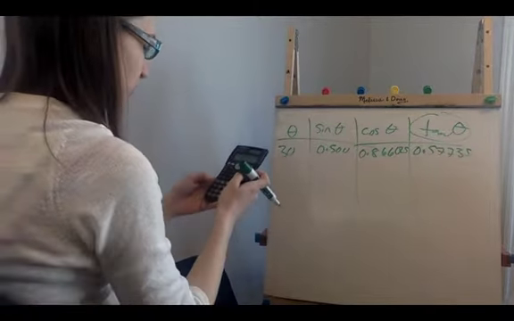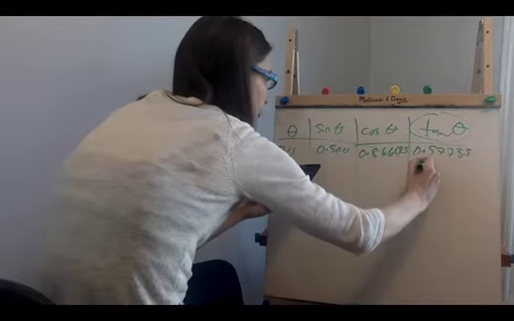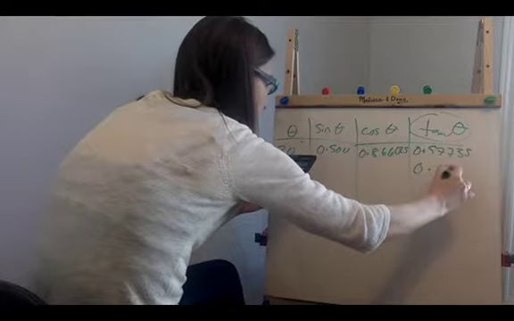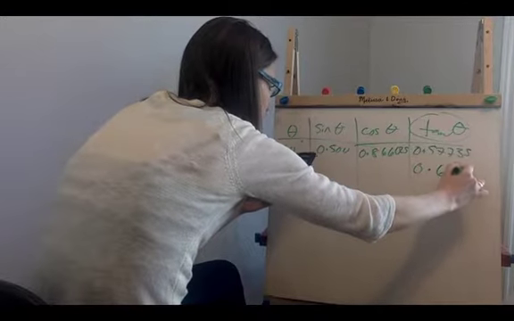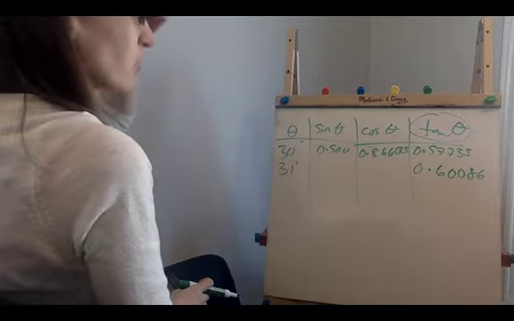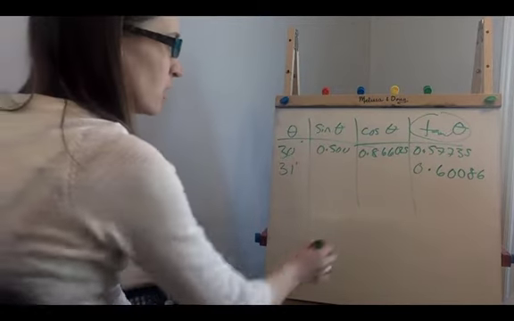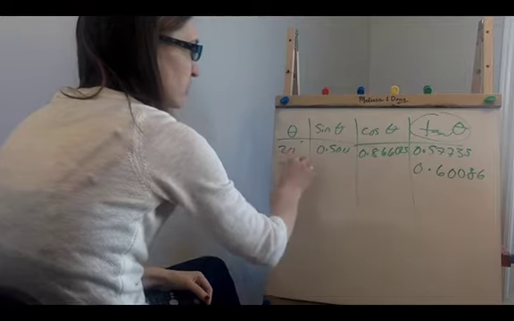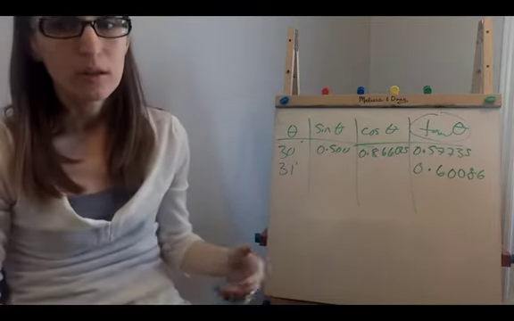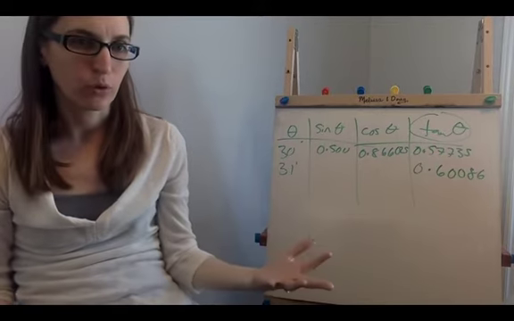I mean, the next one at 31 is 0.60086. So maybe you did a trig ratio, and the answer ended up being like 0.58. You'd be like, the answer has to be somewhere between 30 and 31 degrees. Okay? So these are the tables that people were having to use before calculators.